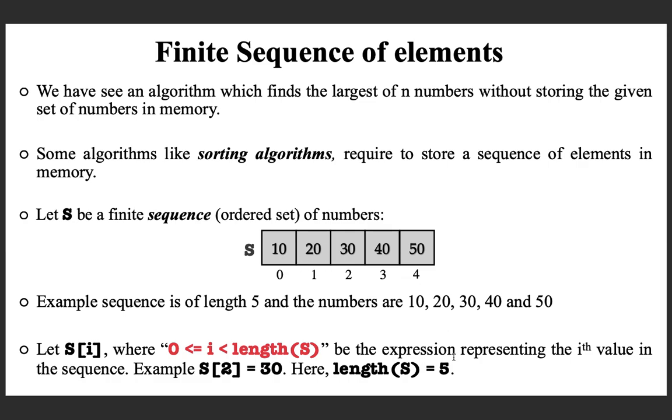Length of the sequence here is 5, and this is minus 1, and that is why the index is varying from 0 to length of S minus 1, and that's why we are writing it as strictly less than length of S. So this is how you can represent a sequence. You can have a finite length sequence where the values can be accessed as S at index i, where i varies from 0 to length minus 1.